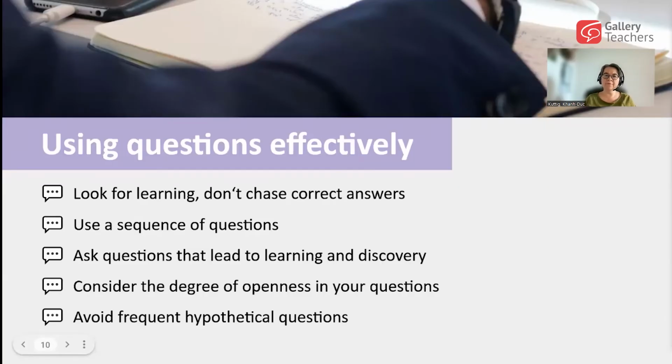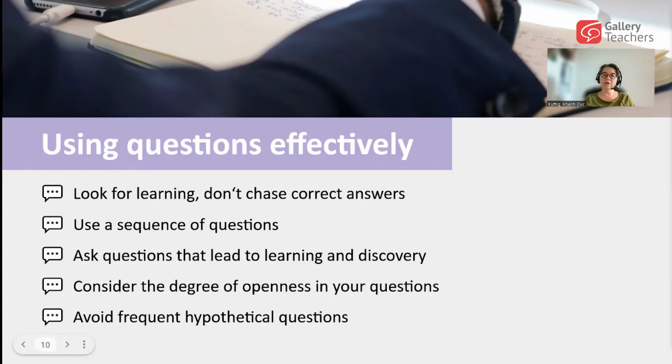Here are 5 of my favorite tips, and we'll be looking at them together in the next couple of slides. First tip, look for learning, don't just chase correct answers. I'll tell you more about that in the next slide. Use a sequence of questions to guide your learners. Ask questions that lead to learning and discovery.